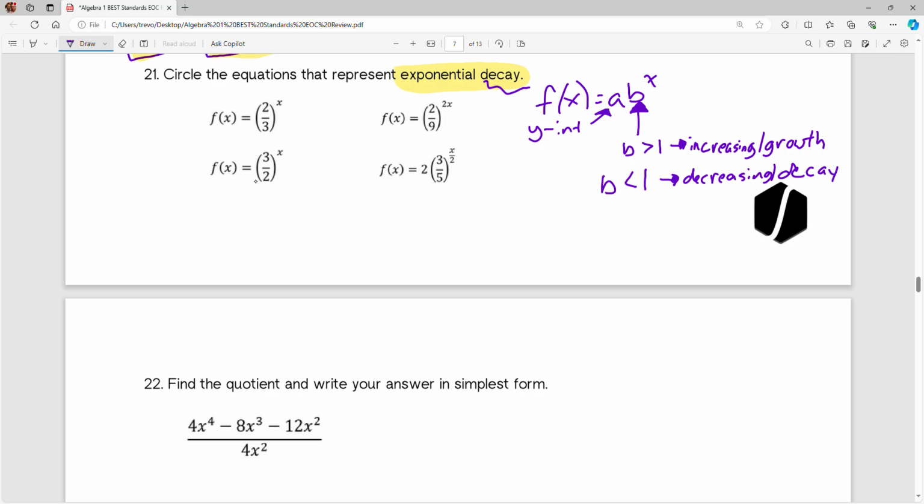So 2/3, this one, the A is 1. 2/3 is less than 1, so that is decay. 3/2 is greater than 1, that would be growth. And we've got 2/9 is less than 1, so that would be decay. And we've got 3/5 is less than 1, so that as well, that would be decay.